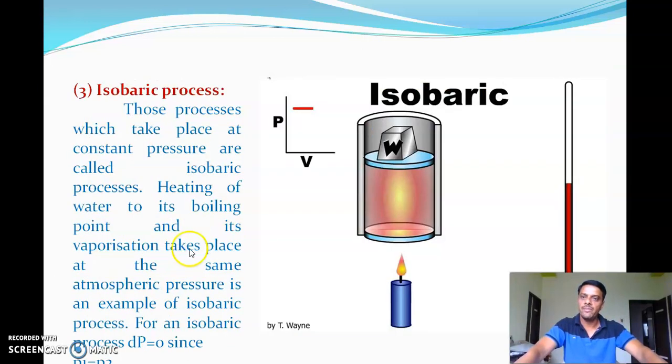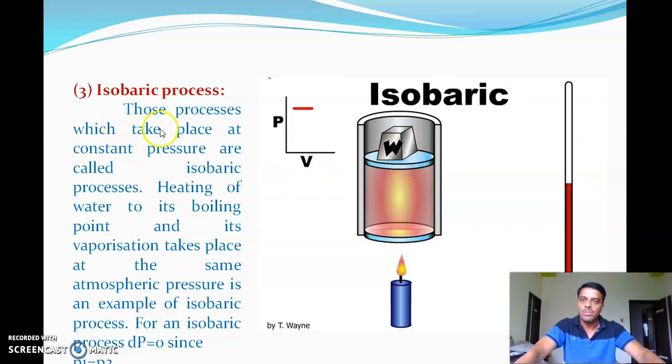Let's proceed further. The third type is isobaric process, where bar stands for pressure. Here, look at the system. There is a gas which is being heated by this burner, and this is a piston which keeps the pressure of the gas constant.